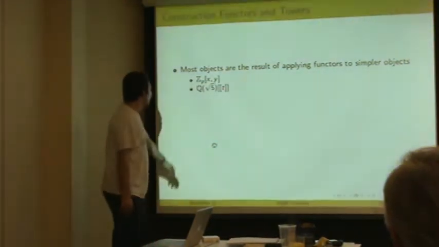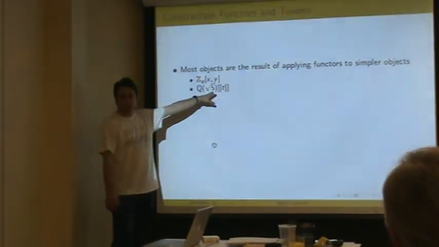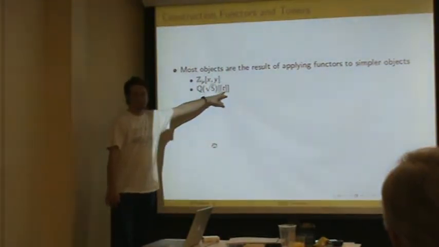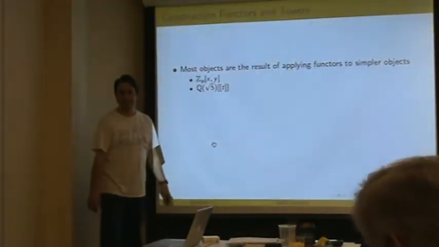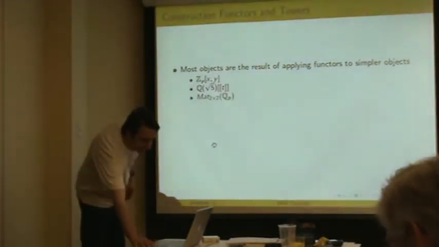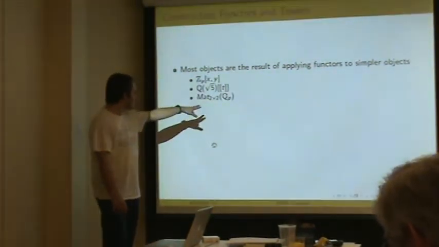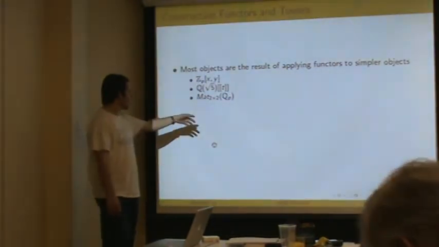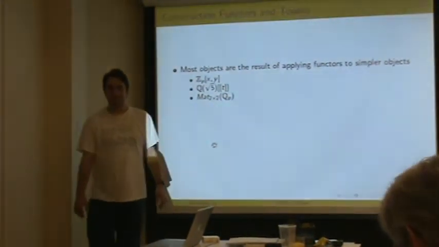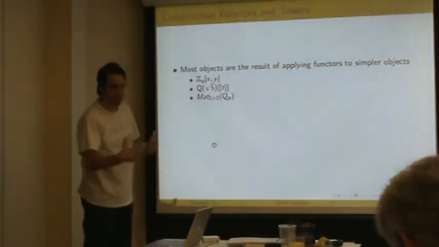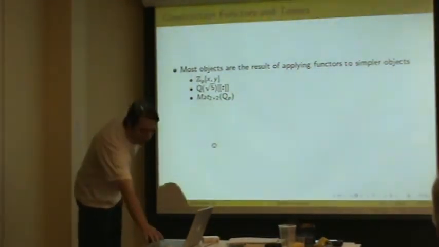Here you take the integers, you take the fraction field, you take an algebraic extension, and then you take a polynomial ring, and then you complete with respect to T. Same thing here, you take the integers, it doesn't matter if you take the fraction field or complete first, and take the matrix. And this gives a good perspective for trying to find this mysterious push out.